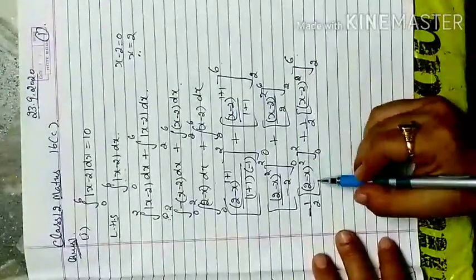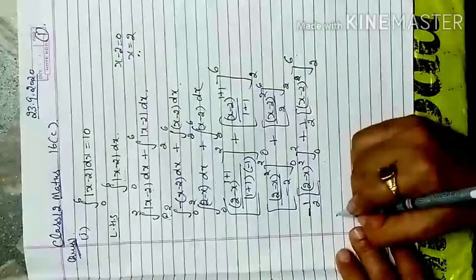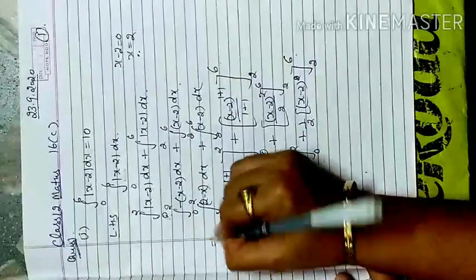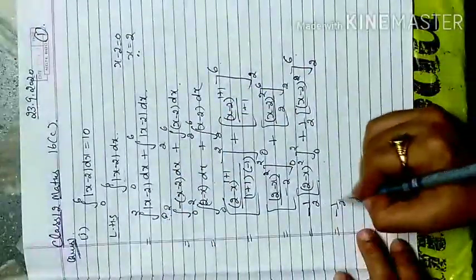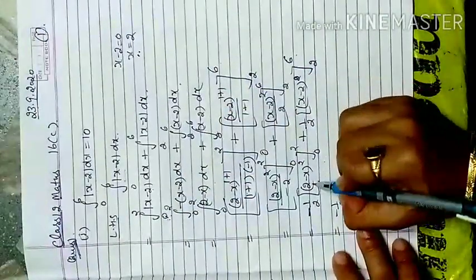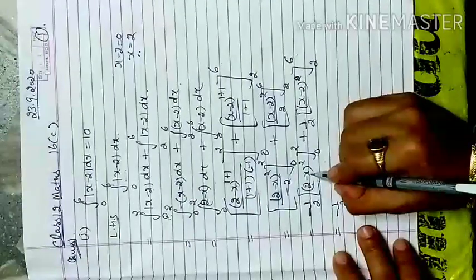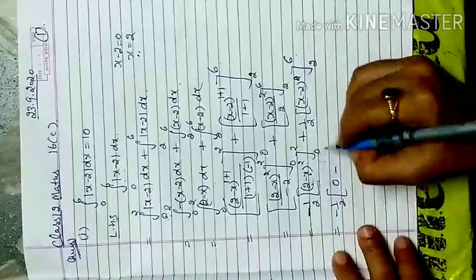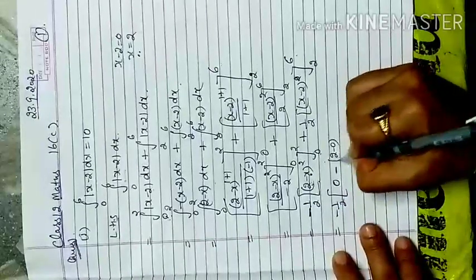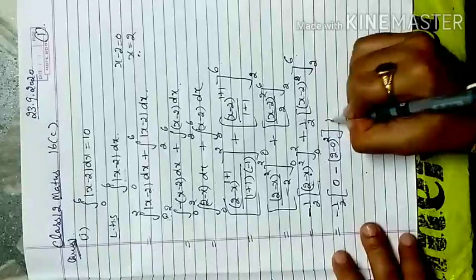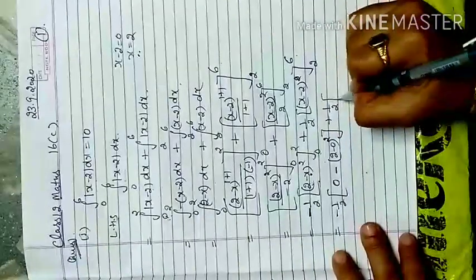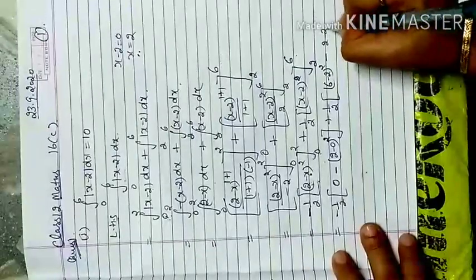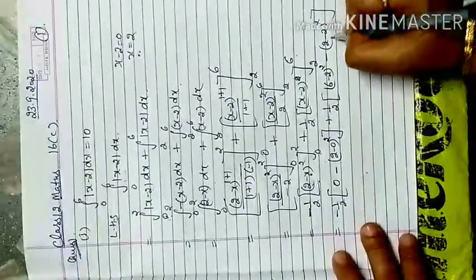Now you apply the upper limit first, then the lower limit. Here when you apply the upper limit, 2 minus 2 becomes 0. Now minus, you apply the lower limit, 2 minus 0 whole square, and here also 1 by 2 times 6 minus 2 whole square. First apply the upper limit, then the lower limit, so this becomes 0.